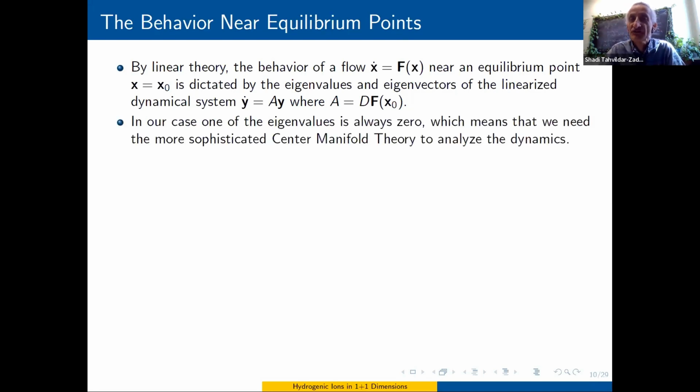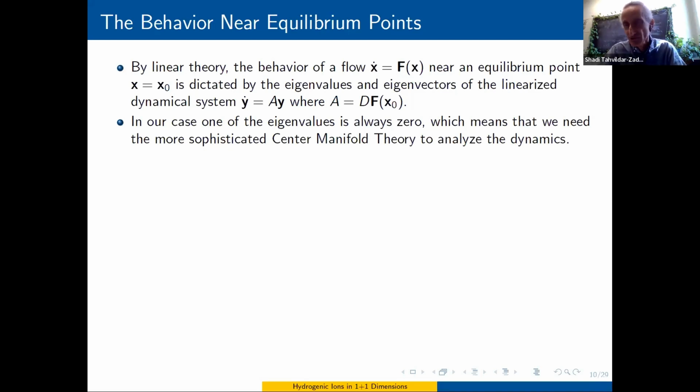There's something more sophisticated called center manifold theory, which applies precisely to the case where the real parts of the eigenvalues are 0. Then you have to work harder, and the theorems are not as simple to state in that case. And unfortunately, in our case, that is going to be the thing that we have to deal with. The real parts, actually, forget about the real parts.